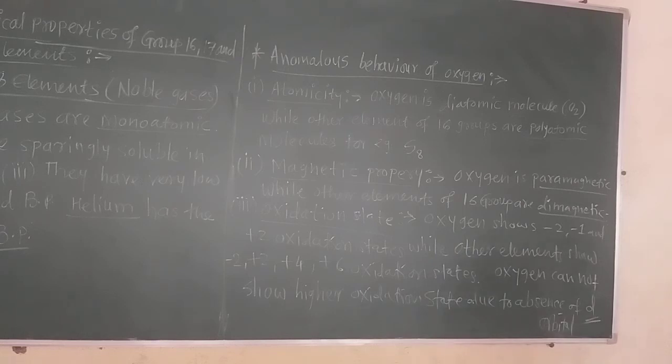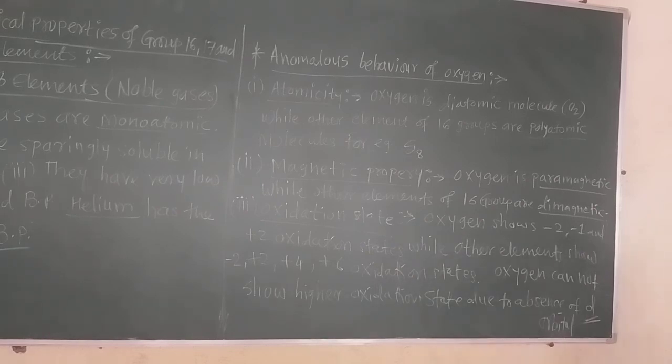Now if we speak about the atomicity, oxygen is a diatomic molecule. That means only two atoms of oxygen combine and form the oxygen molecule. But the other elements are polyatomic. For example, sulfur. In the sulfur molecule, 8 sulfur atoms are there.